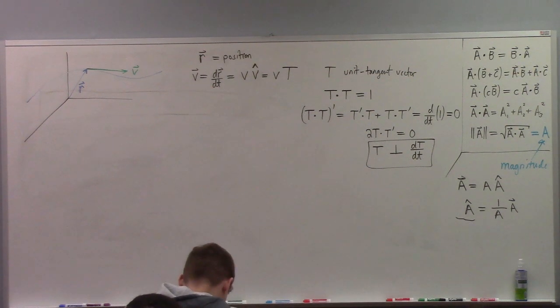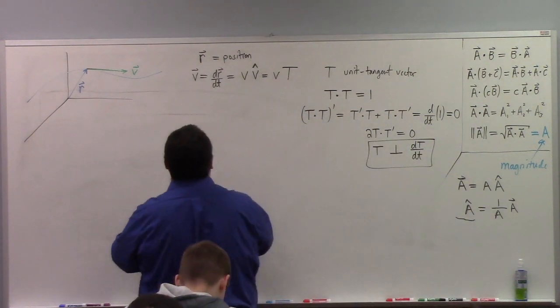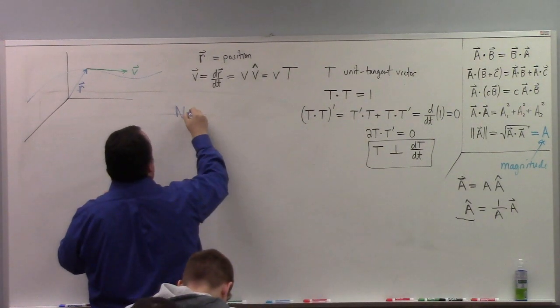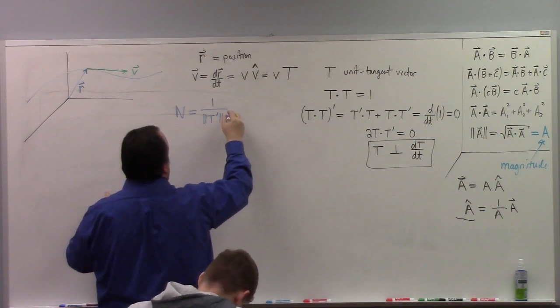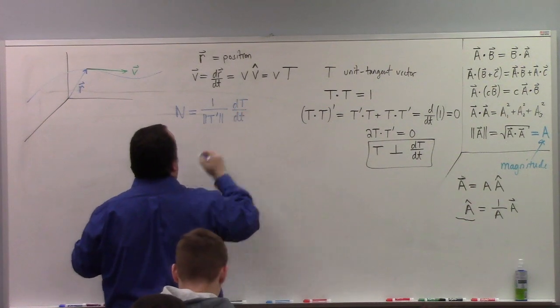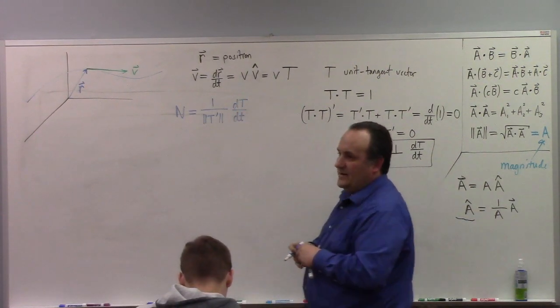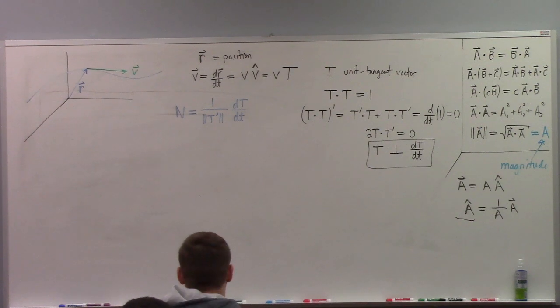So in Calculus 3, we then define what's called the unit normal. N is equal to 1 over the length of T prime times dT/dt. I know I'm using prime for the one derivative and actually writing the derivative out for the other. I hope you can forgive me for this lopsided expression. You could put primes in both spots if you want. This is the unit normal. Do you guys see why it's a unit vector?